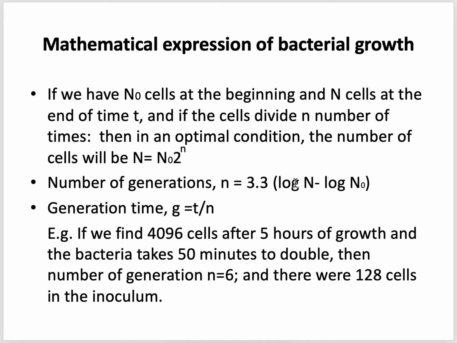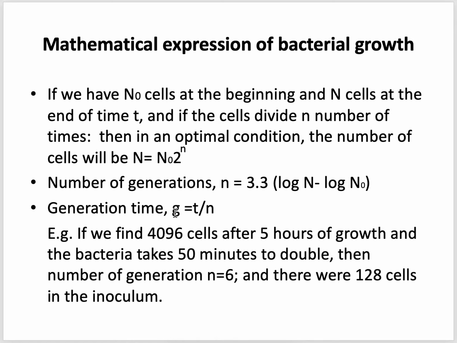We can also calculate the generation time, expressed by G, from this equation. G is equal to t by n, where t is the time for which the cells grow, and small n is the number of generations. If we divide the total time by the generation number, we get the generation time.